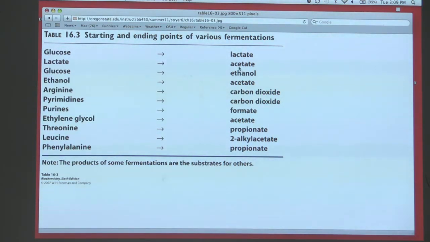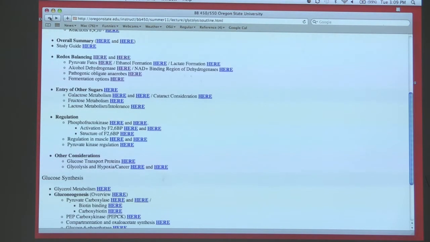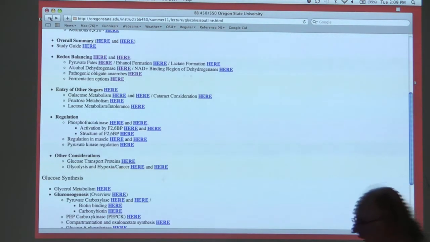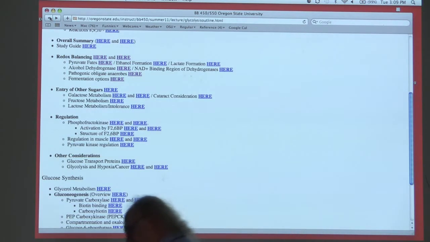Acetate can be produced in an unusual process from lactate by certain microorganisms, ethanol, a variety of things here, and I won't go through those with you. Okay, so the consideration of the balance of redox state is very, very important because cells just have to make sure they've got sufficient quantities of NAD or they really are in trouble.